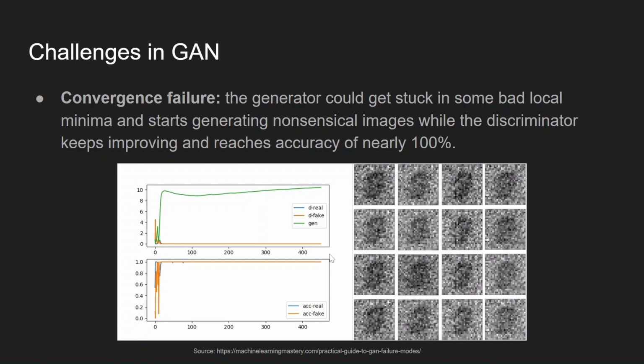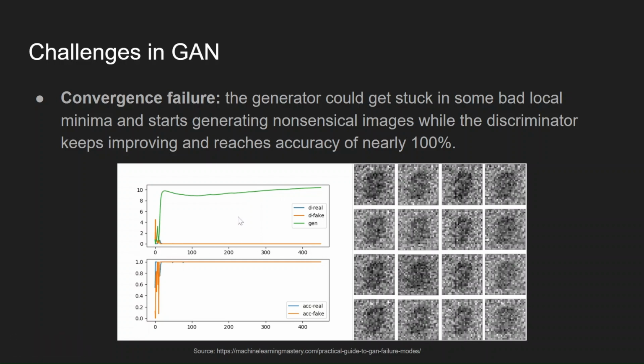On the left side we have plots, and in these plots you can clearly see that the loss of the generator is increasing. This green line represents the loss of the generator, while this orange line represents the loss of the discriminator, and the loss of the discriminator is decreasing epoch by epoch, and it reaches 0.